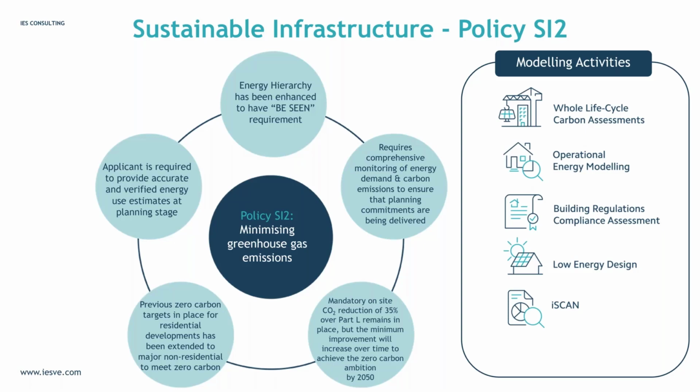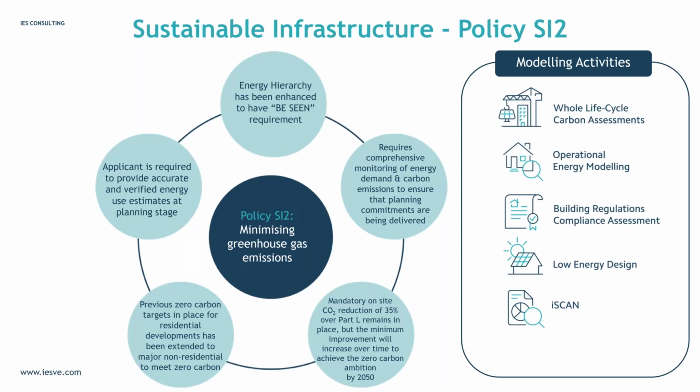SI2 mandates the major developments should be net zero carbon. This means reducing greenhouse gas emissions in operation and minimising both annual and peak energy demand in accordance with an enhanced energy hierarchy. As I mentioned earlier, we've already met the lean, clean, green triangle, and this has been bolstered by the introduction of the Be Seen element, which looks towards the building in operation.